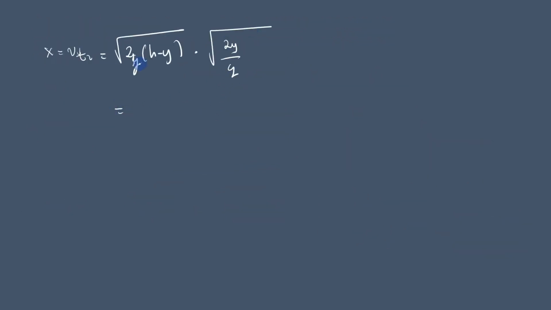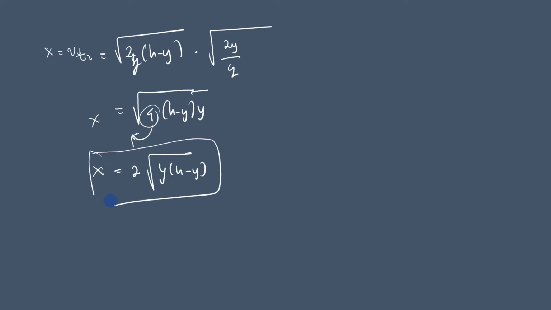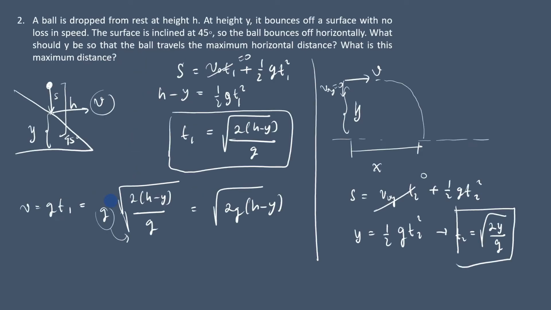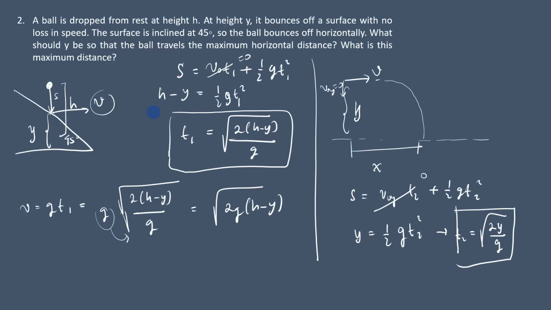We multiply these terms and simplify, and we get the horizontal distance x equals 2 times the square root of y times (h minus y).